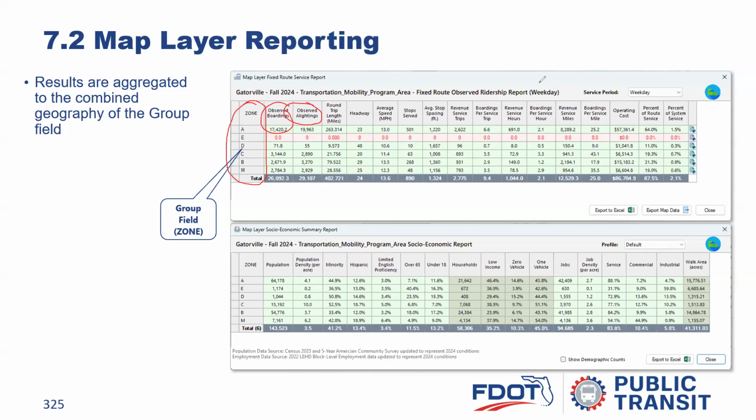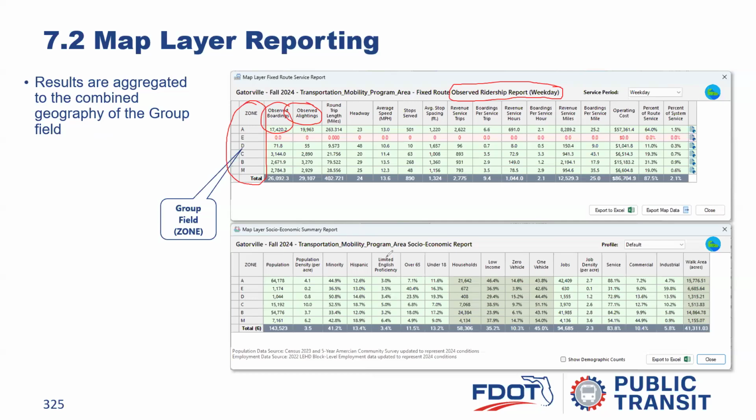And this is actually for observed ridership. So this is the actual ridership and performance in each one of these zones. And then this is the total for all of them at the bottom, non-double counted total. And of course, you can change this to weekday. So if you wanted to switch this to weekday or to annual or AM peak, you can.